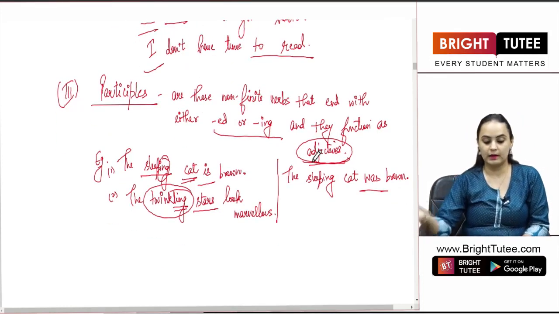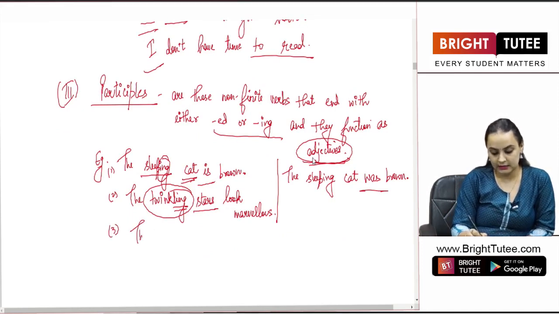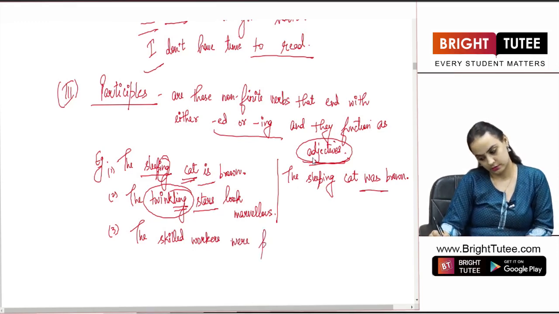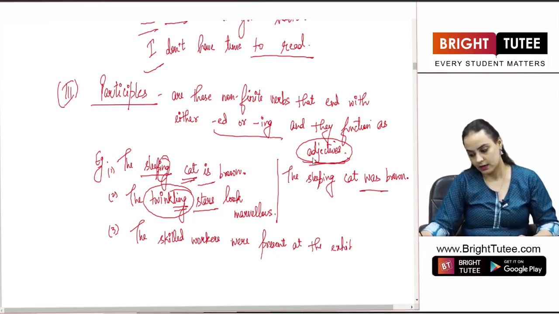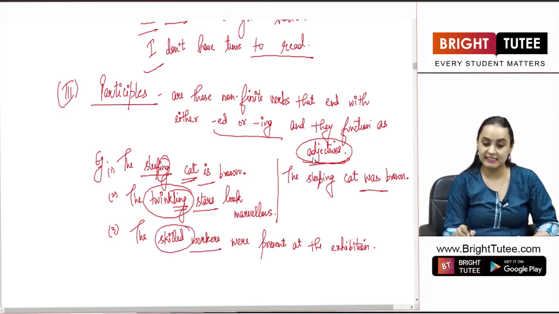If I talk about the past one with the ed form, the skilled workers were present at the exhibition. Who am I talking about? The workers who were skilled.